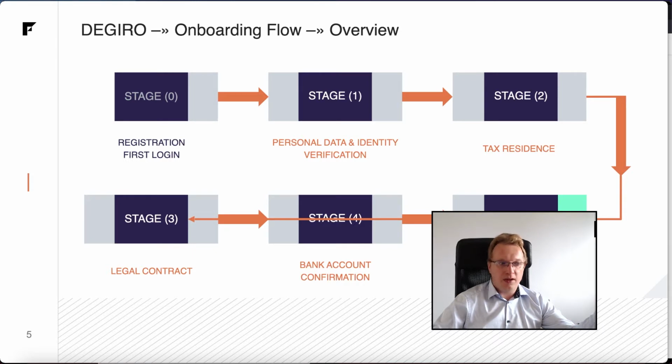He is not a politically exposed person, and so on. This happens in the back office, automatically or not automatically, that we cannot see from the front-end process of the customer, the process which is seen by the customer. Then they have a short legal contract, which is simply accepting terms of services.